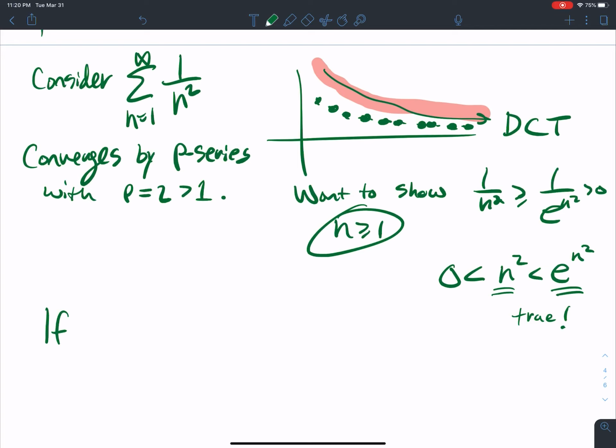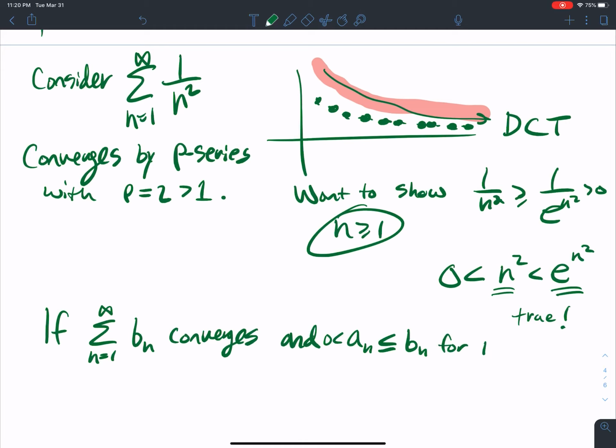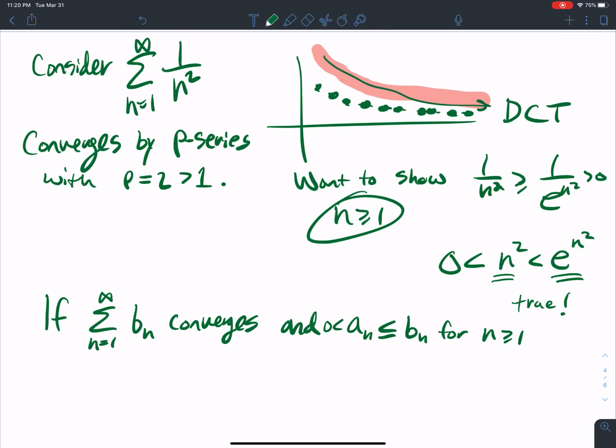If the series n equals 1 to infinity of b_n converges and a_n is less than or equal to b_n for n greater than or equal to 1, then the series n equals 1 to infinity of a_n also converges.